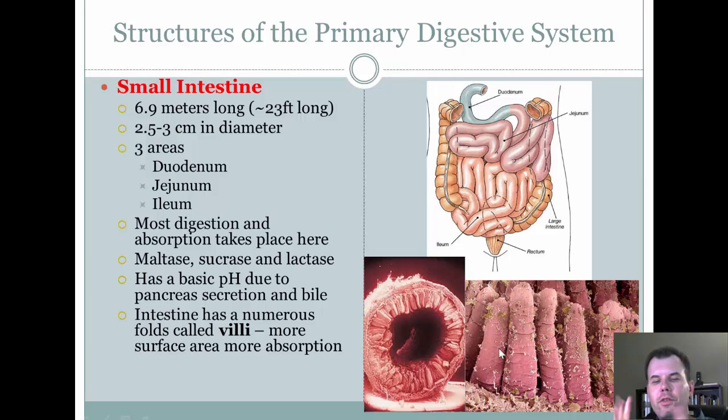They also move around to help move digestion, but they give you a lot more surface area so that you can absorb more materials. The more surface area you have, the more efficient you are at absorbing things. This is a cool picture showing the villi and the bacteria that grow on it. Bacteria have a very important role here, aiding digestion and providing some vitamins and nutrients that you need for digestion to take place.